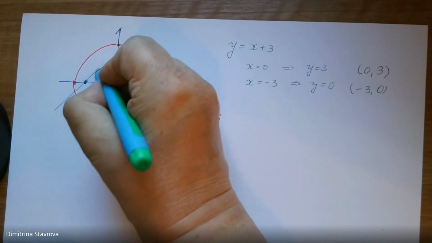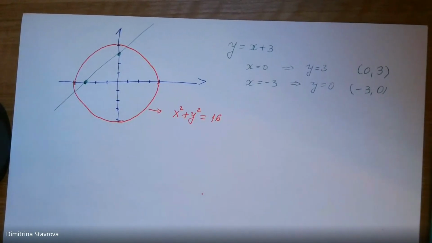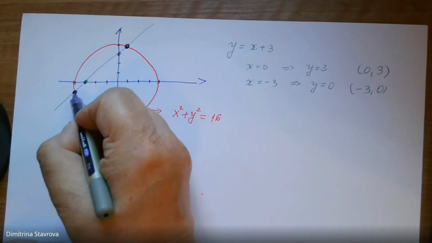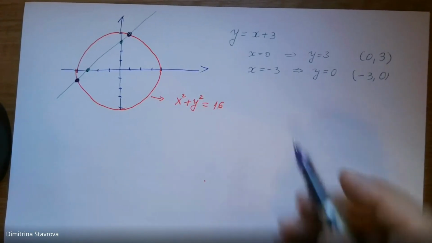And if we draw this line, we notice, now I would need some purple, that it intersects the circle in 2 points.